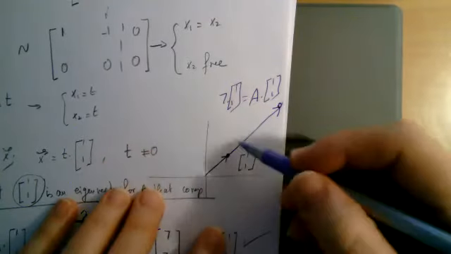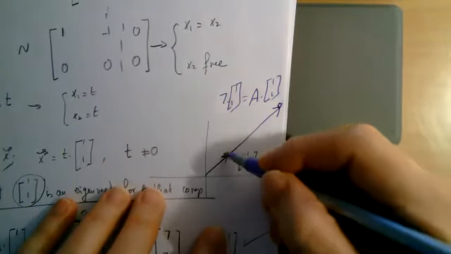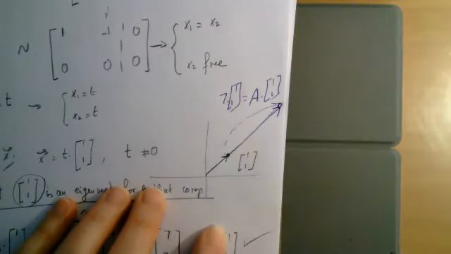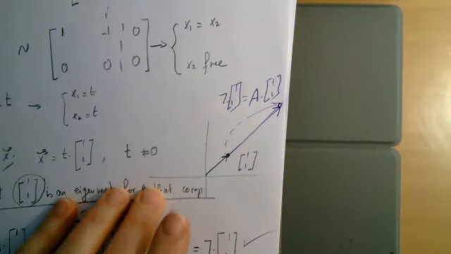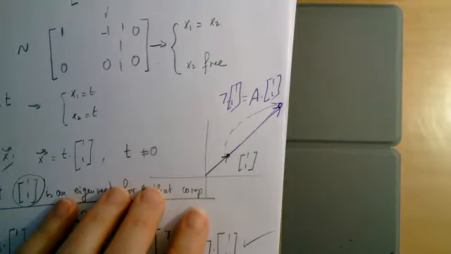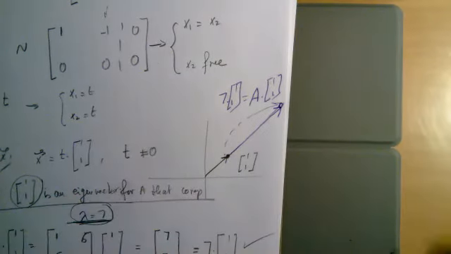So the effect of A is to take the vector from here and move it all the way up. That's the effect of the matrix A on the vector. Please ask questions because it's new, but the algebra of it is really easy. The applications are many. I hope to show you 2 applications by the end of the semester.